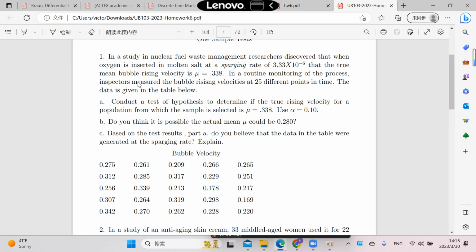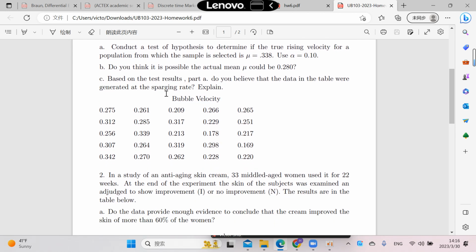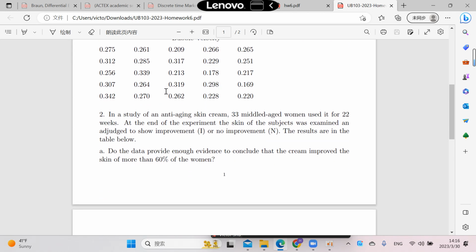You have your x bar, which you already calculated in part A. You have your standard error, which is the denominator in your t statistic formula, and then you have your t critical value. You can do it with degrees of freedom of 24 and alpha equals 0.1 or 0.05, because it's not specified in part B. So I think either one should be correct. And that's question 1.